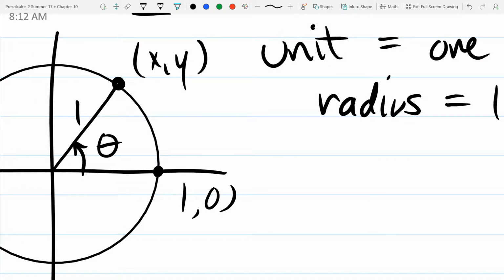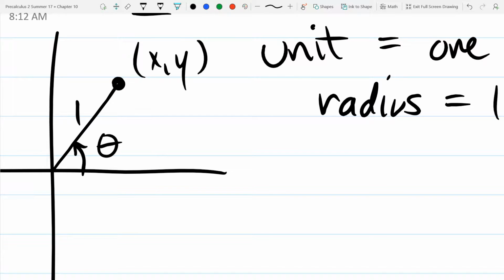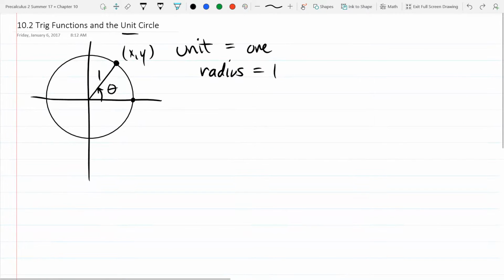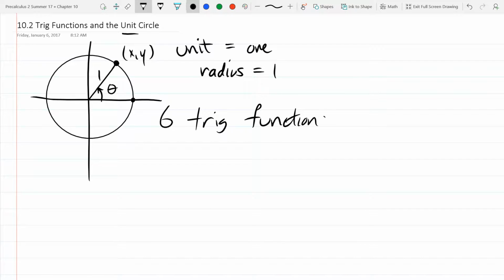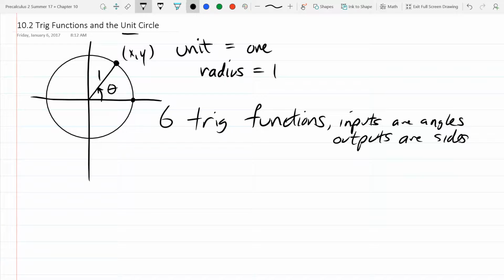So there are going to be some very easy points on the unit circle that we're going to look at, and there'll be some difficult points on the unit circle that we'll look at as well. So what are our trig functions? There are 6 trig functions. Their inputs are angles, and outputs are sides.